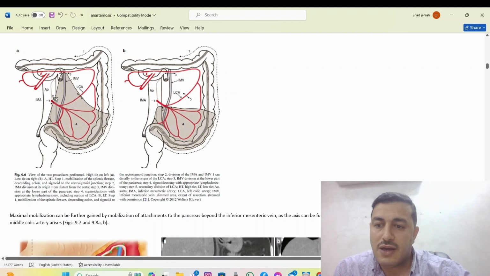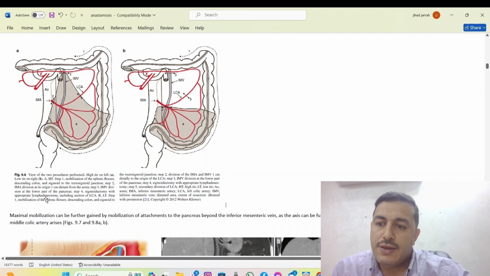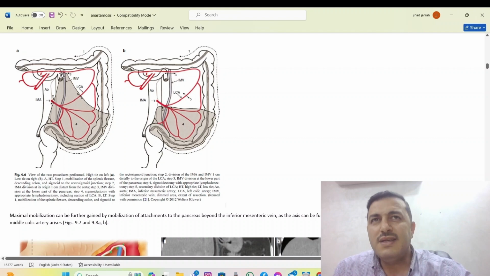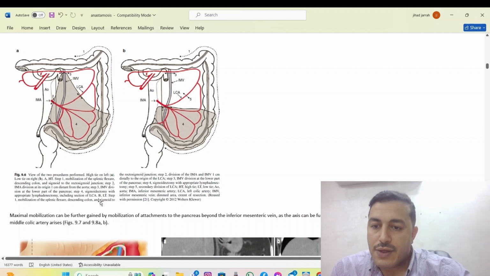This is high ligation. What is under step 3? It is the inferior mesenteric vein division at the base, at the lower part of the pancreas. Over here, it's nearly the inferior border of the transverse colon. This will give us additional length.